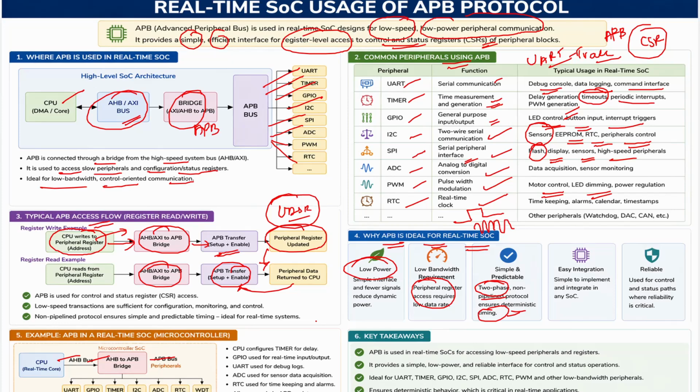These are the key takeaways: the APB protocol is used in real-time SoCs for low-speed peripherals and registers. It is a simple, low-power, reliable interface to control status registers, and ideal for UART and similar peripherals.